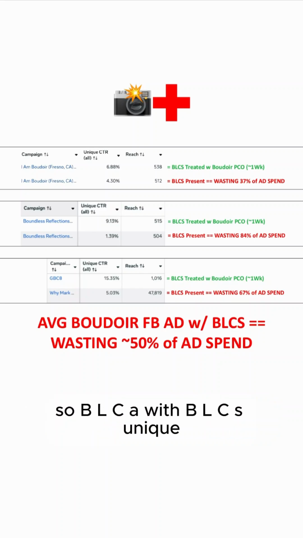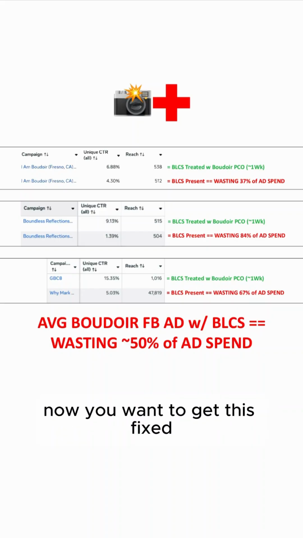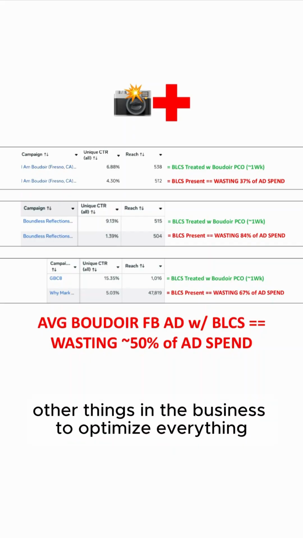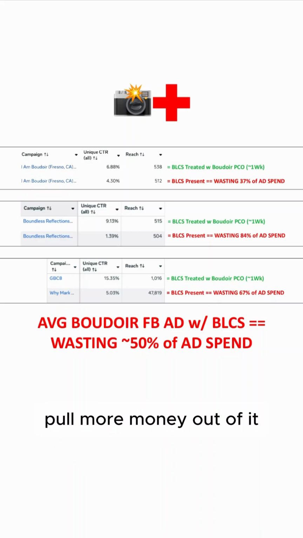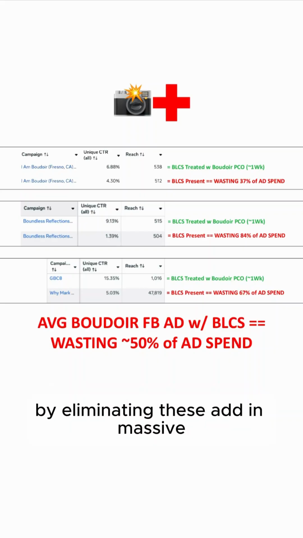All right, so if you're a Boudoir low click advertiser with BLCS, your unique CTR is under 6%, and you're spending more than 10 grand a month on Boudoir Facebook ads, and you've decided, okay, now you want to get this fixed. You've done other things in the business to optimize everything, and you want to pull more money back in your pocket by eliminating these massive ad inefficiencies.